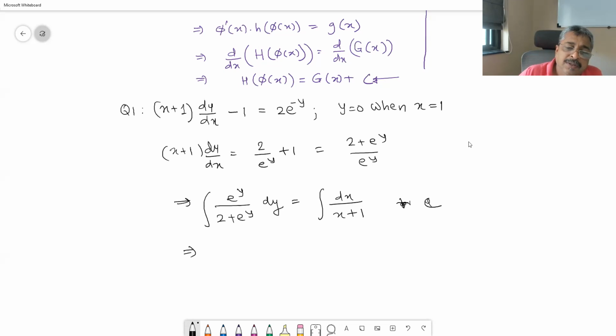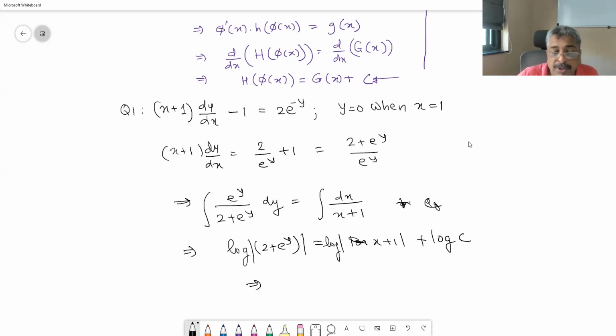Now, using variable separable, you can integrate this, plus c, or let us write it after taking the integration. What is the integral of this? Log of 2 plus e raised to y is equal to mod log x plus 1 plus log c. If you simplify this, what you will get is 2 plus e raised to y is equal to c into x plus 1.